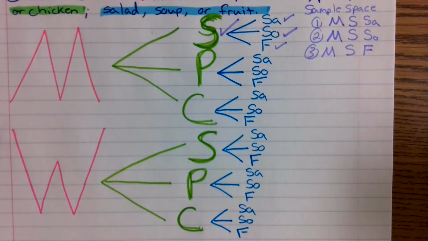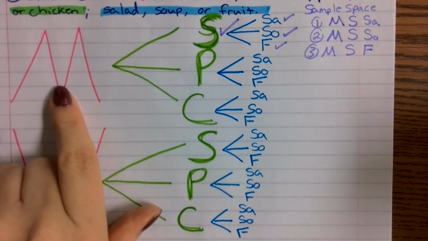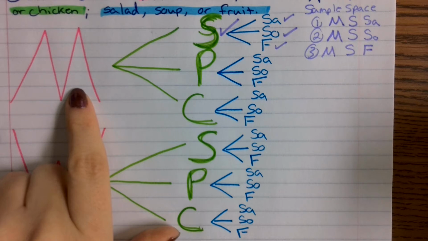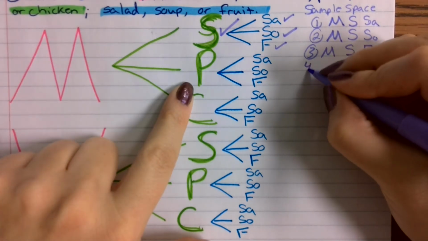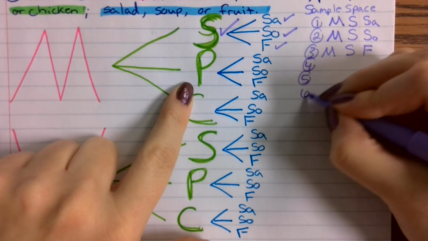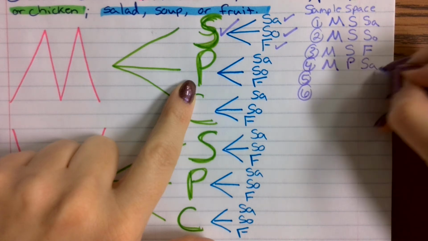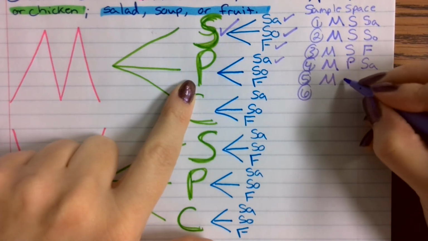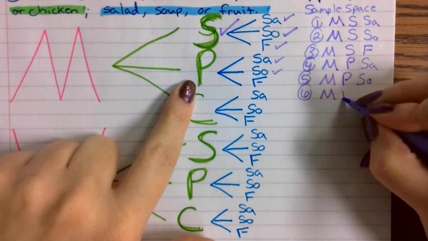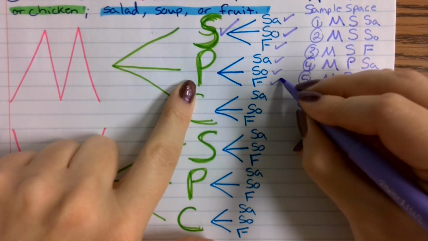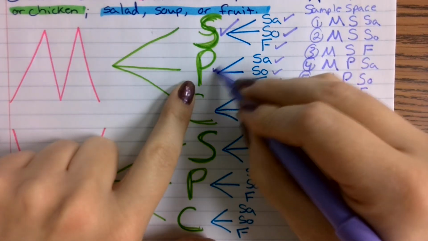Now, I finished all 3 of these twigs, which means that this branch of sandwich is done. I'm going to go ahead and put a check mark by it. Does that mean milk is done? No, because milk still has some other options, doesn't it? I still have milk and pasta. So now I'm going to go ahead and relay all of those options. I've got milk, pasta, and salad, milk, pasta, and soup, milk, pasta, and fruit. So I've got all the milk pasta combinations. Pasta's done.